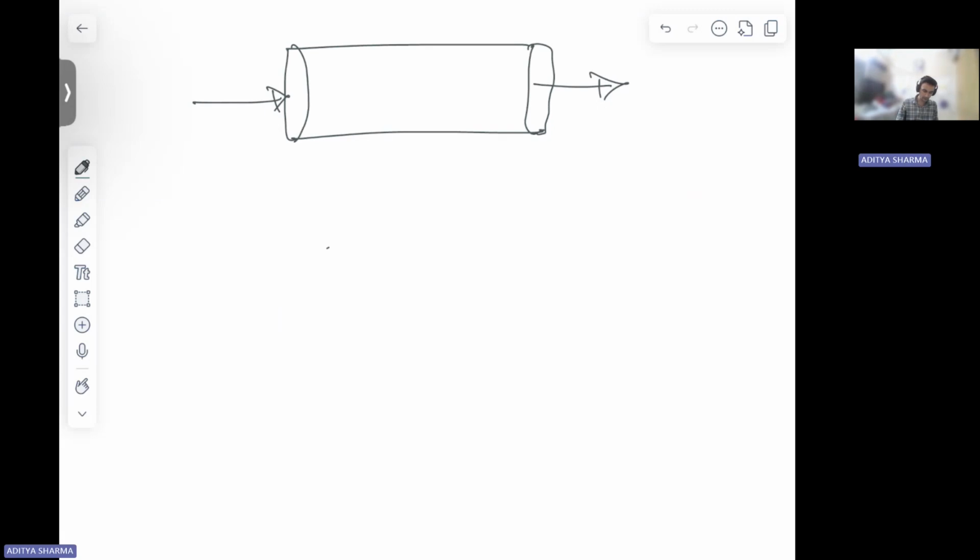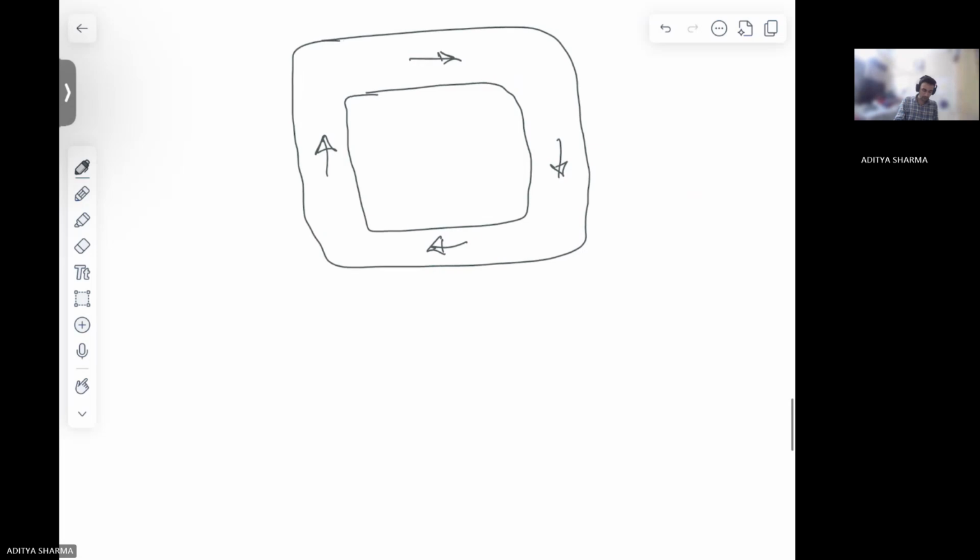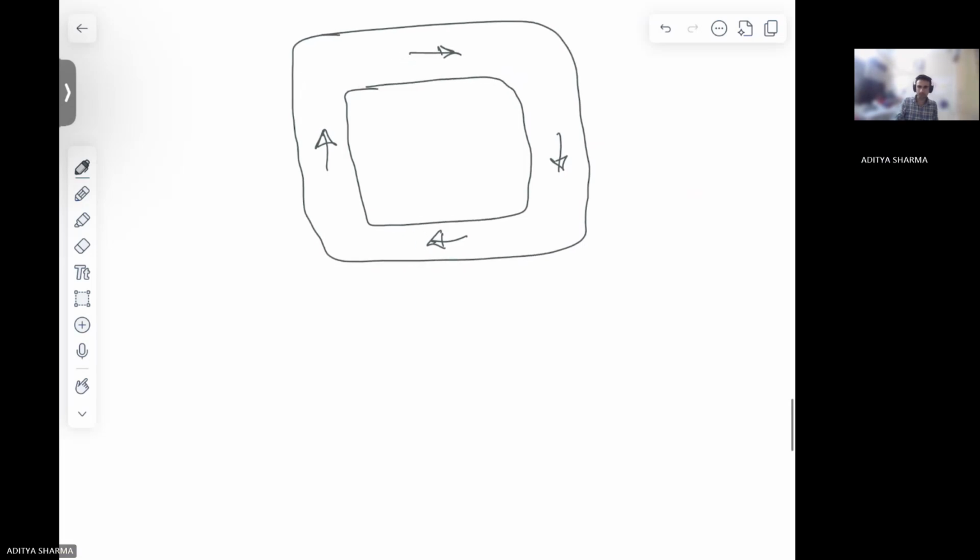Now, if the tunnel has been designed in such a fashion that the same flow keeps on going in it, this is basically a closed circuit wind tunnel. Obviously, it will have its sections, right?